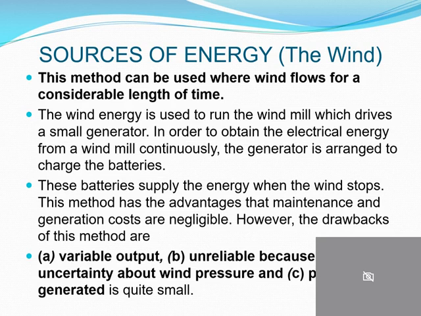In order to obtain the electrical energy from the windmill continuously, the generator is arranged to charge the batteries. And those batteries supply the energy when the wind has stopped. And this method has the advantage that maintenance and generation costs become negligible.